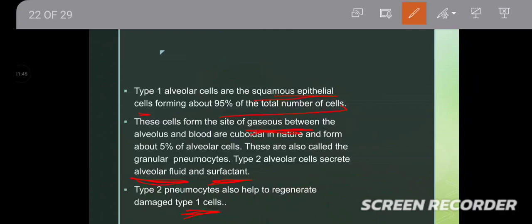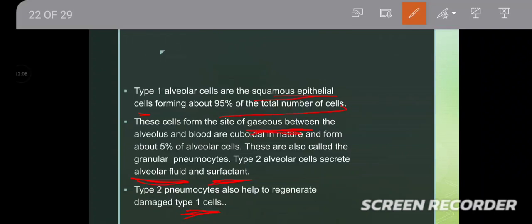So in summary, there are two types of cells in the lungs, the type 1 pneumocytes and type 2 pneumocytes. Type 1 pneumocytes are small and a lot in numbers. They are the major sites for what?